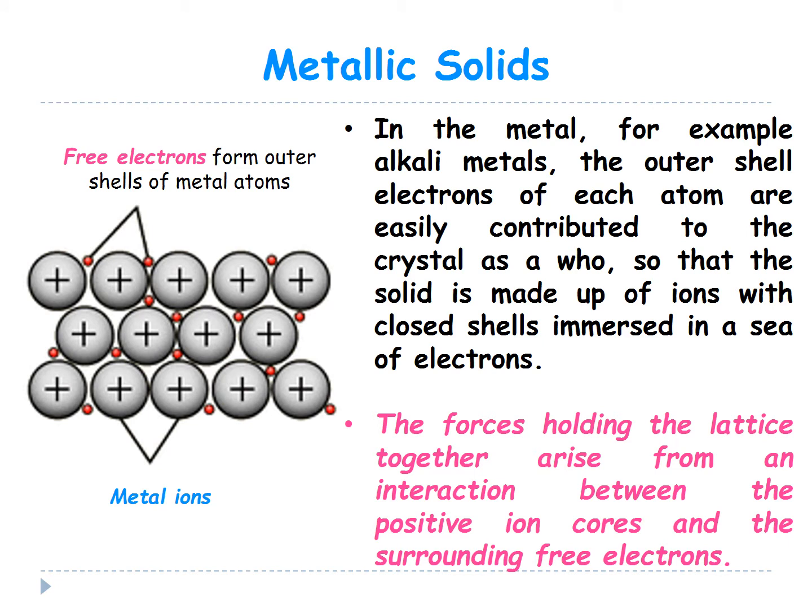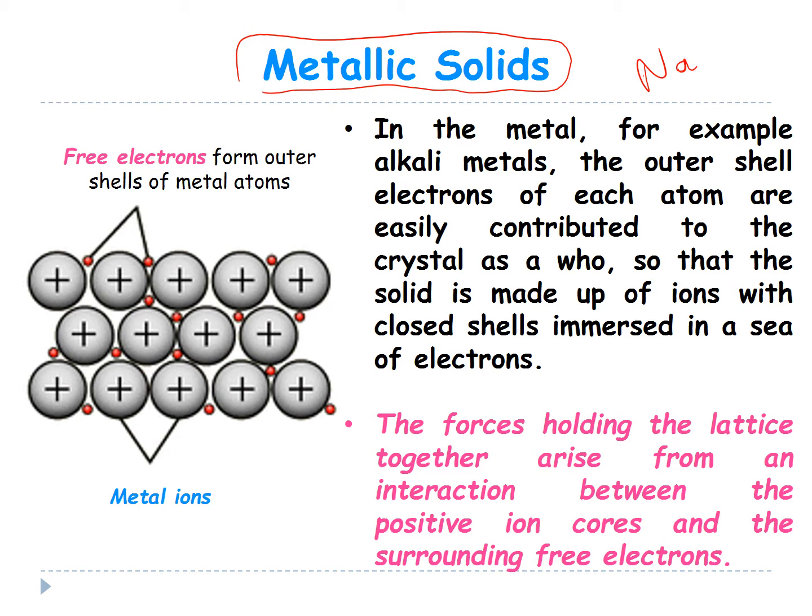Now the case of metallic solids is interesting, and you can see here we have a metal. An example here would be sodium. So you know sodium from the previous example has one electron in the outer shell. So in a sodium metal, you'll have all of the sodium atoms giving off one electron.